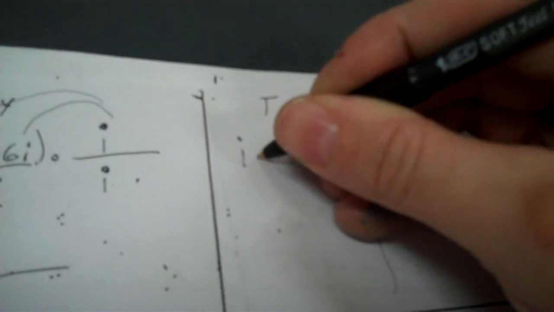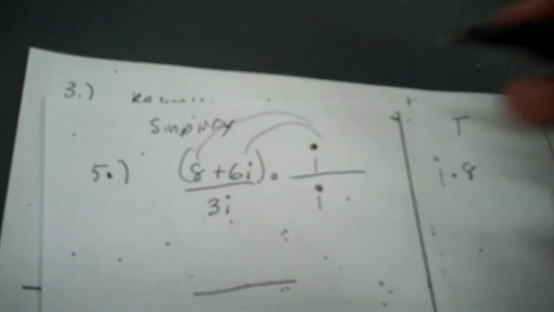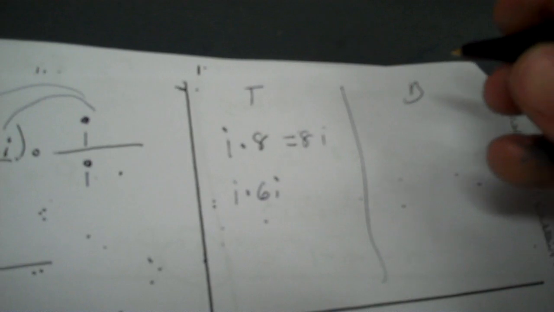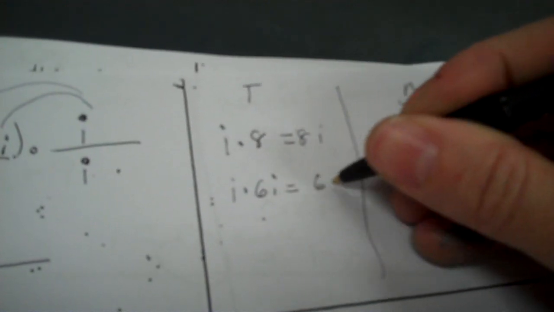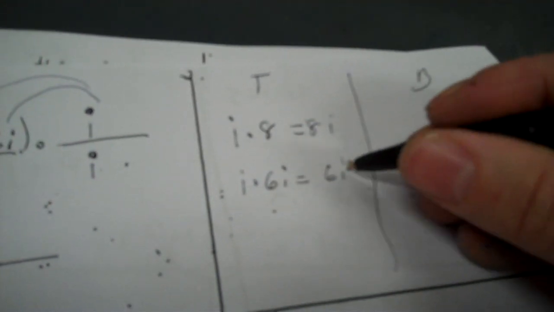We're going to be taking i multiplied by 8 and i multiplied by 6i. So that's just 8 with i here. And this is going to be 6 with i to the second, but then that turns into a constant because negative 1. 6 times negative 1 is negative 6. So it'd be negative 6 plus 8i.